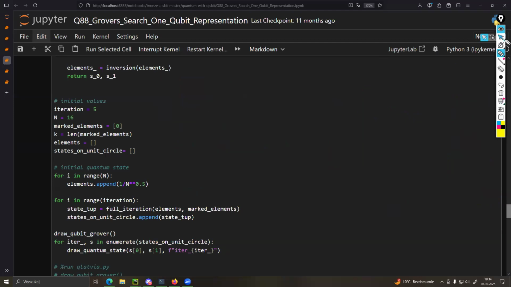And a nice thing is that, yes, this is the magic of quantum computing.